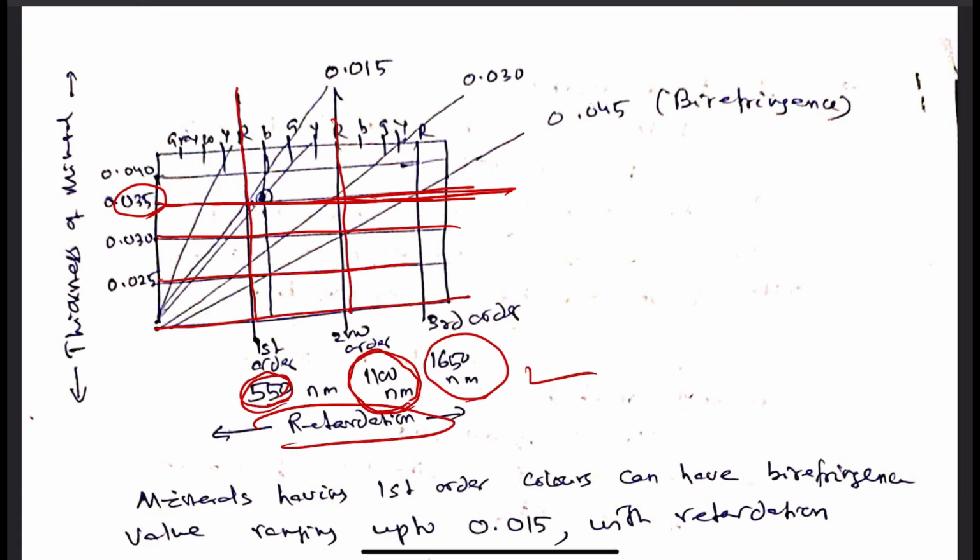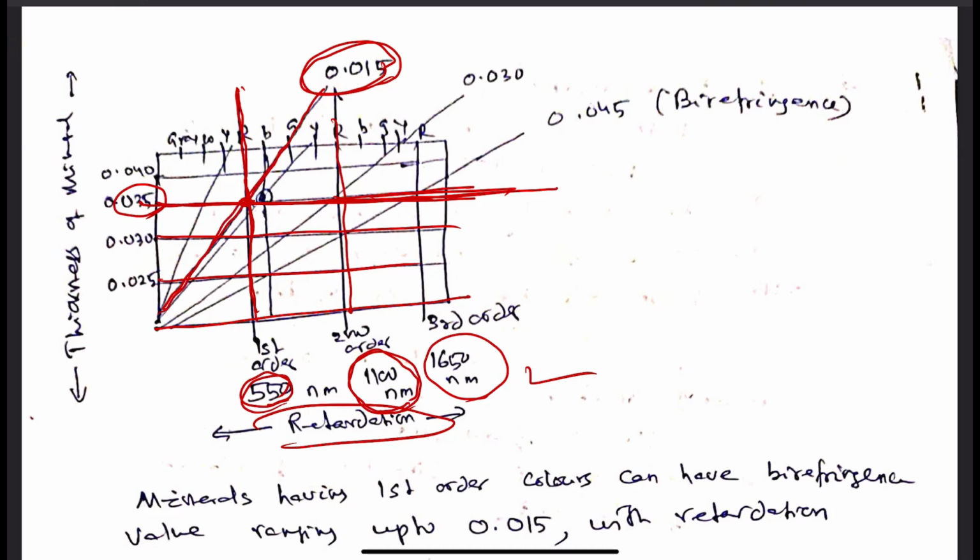In order to determine the birefringence value, this is first order red. The red line, the birefringence line, and the thickness line touch here. Along this point, which radial line is passing and what is its value?